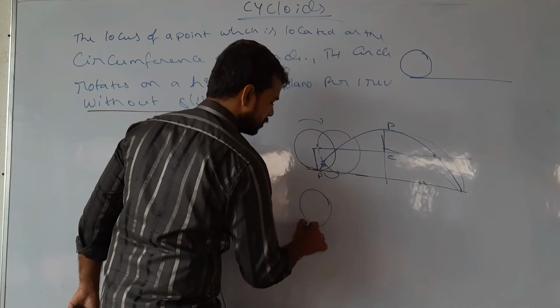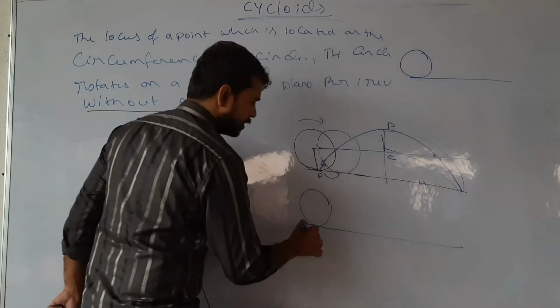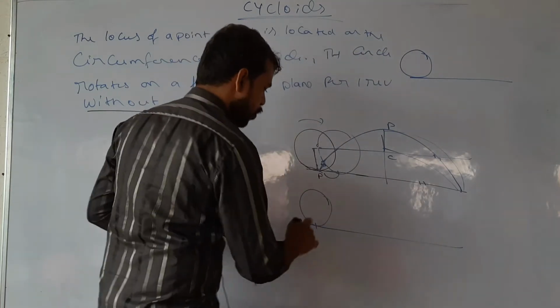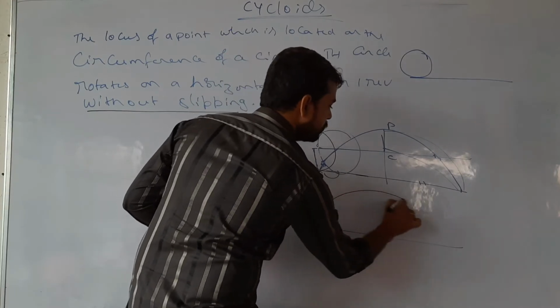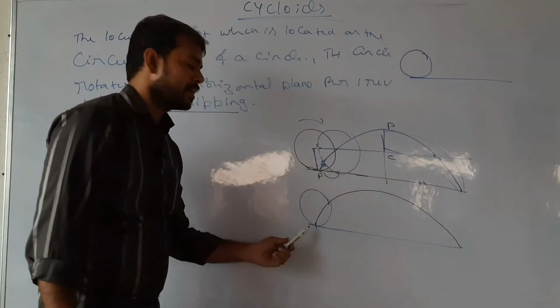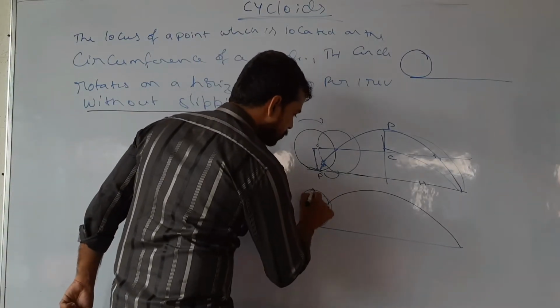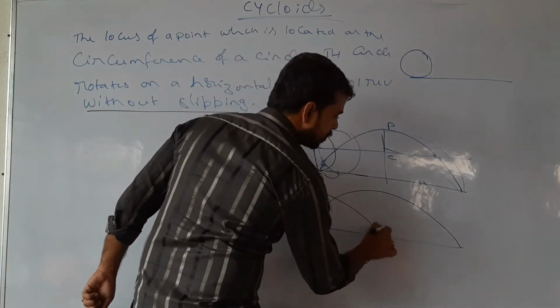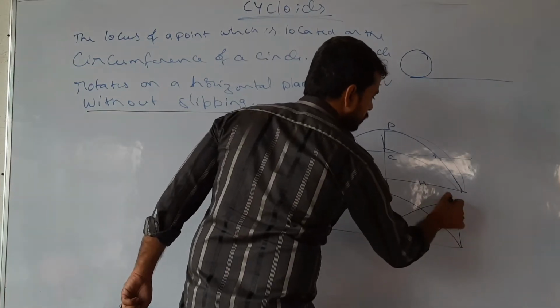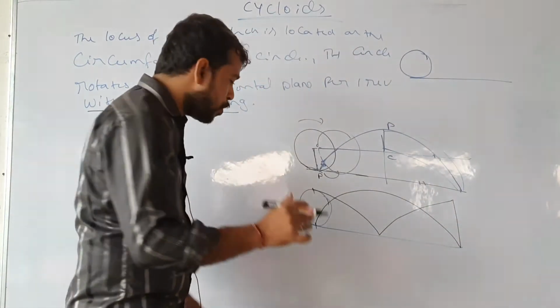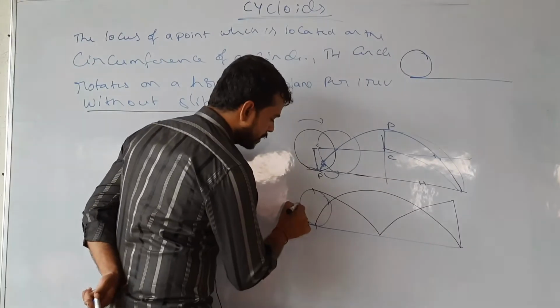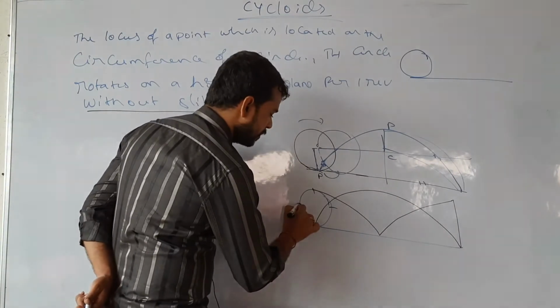First of all, the circle and the point is located on the bottom. If the point is located on the bottom, the cycloidal curve will follow like this. If the point is located on the top, then it goes like this.